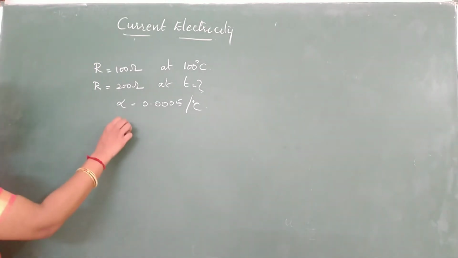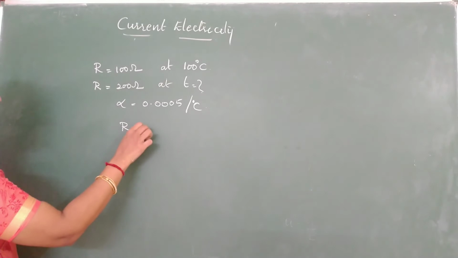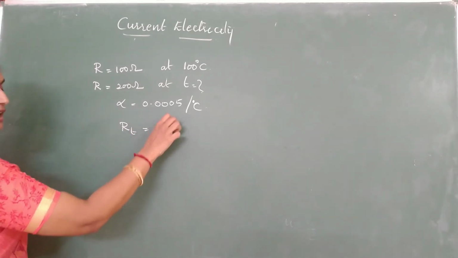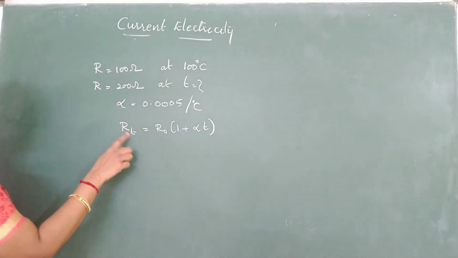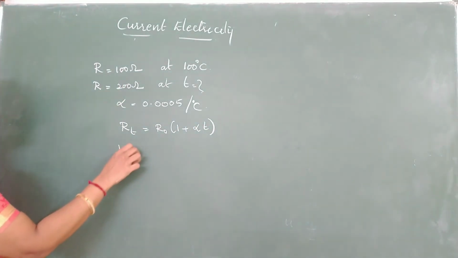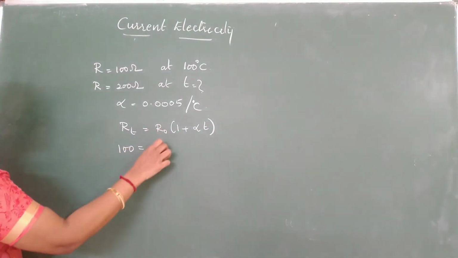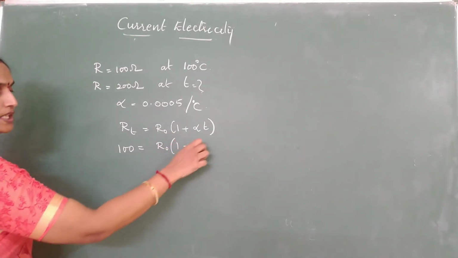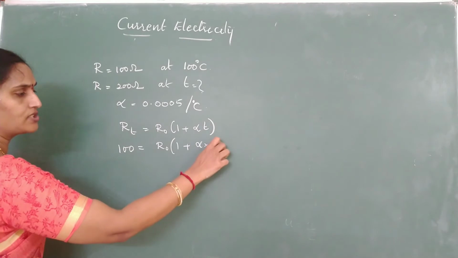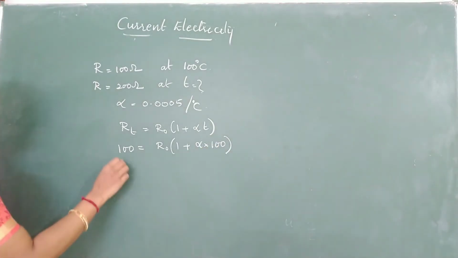So always make use of this relation. We know RT is equal to R0 into (1 plus alpha T). What is the resistance? 100 is equal to R0 into (1 plus alpha into 100), since we do not know the resistance at 0 degrees, I will keep R0 as it is, with temperature 100 on the centigrade scale.